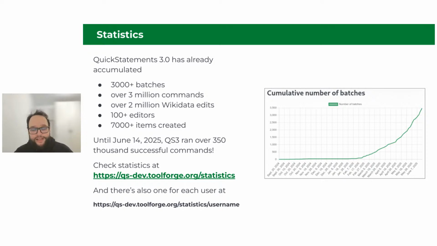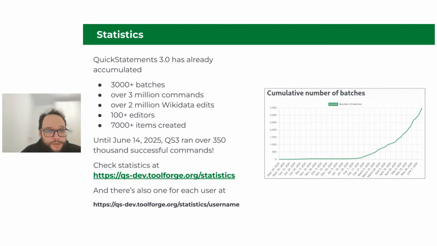As I said, QuickStatements 3.0 has been very used by the testers, community members, Wikidata lovers, QuickStatements lovers, to test the tool and to actually execute their batches. And we are on an exponential growth, with cumulative numbers approaching an exponential curve.